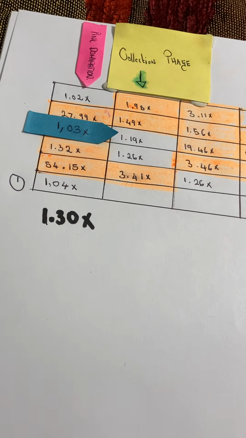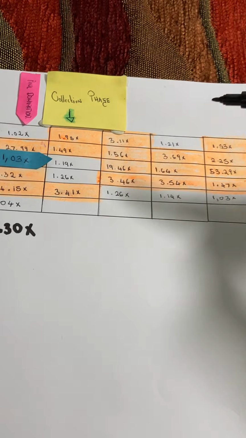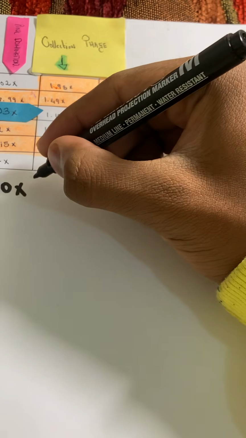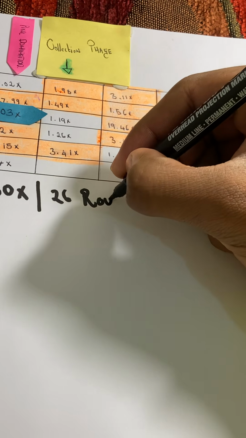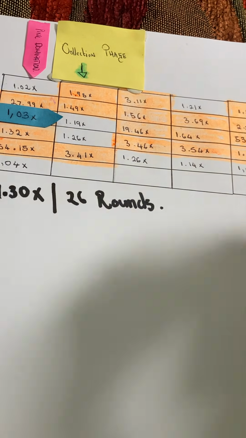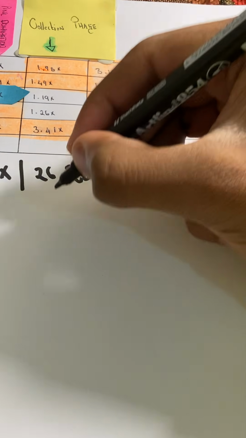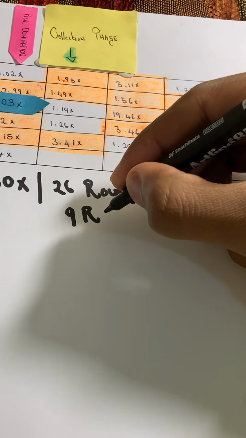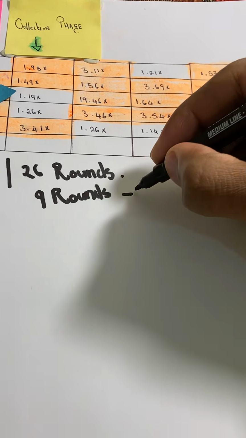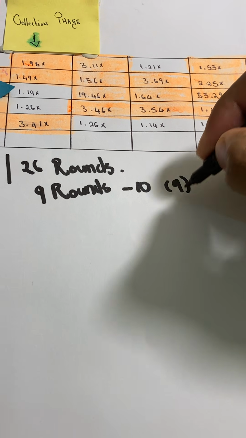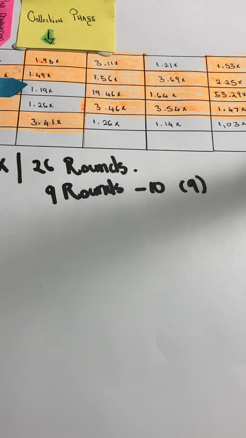So apparently, according to the round history, we have 26 rounds. Out of 26 rounds, remember, 9 rounds were below 1.30x.